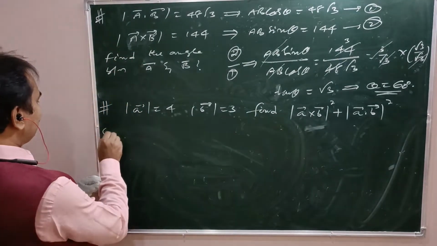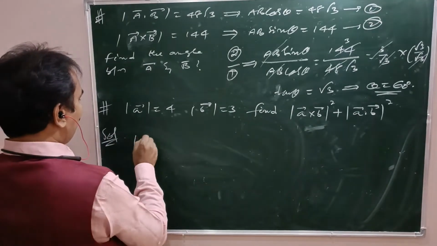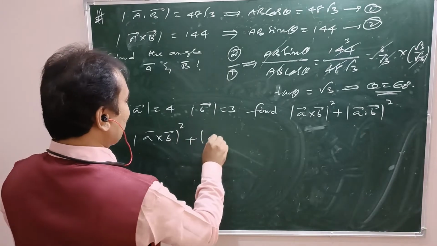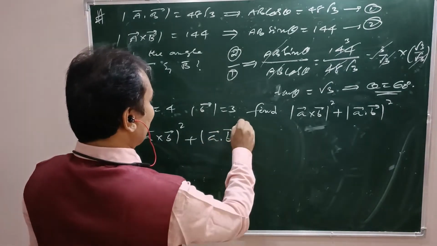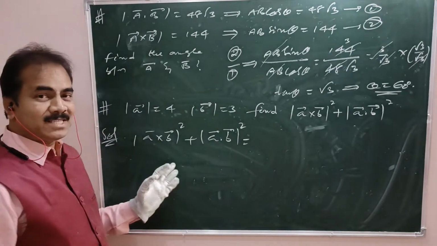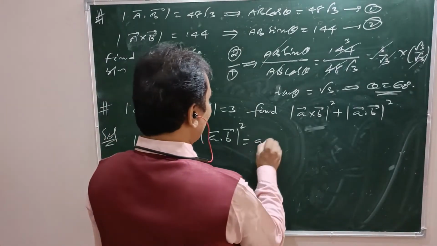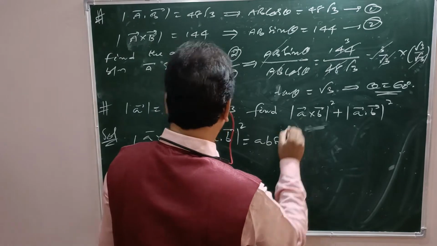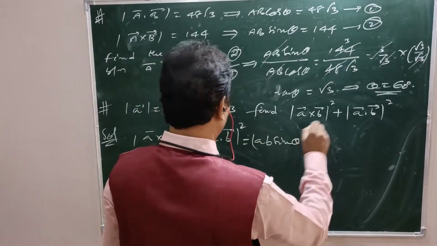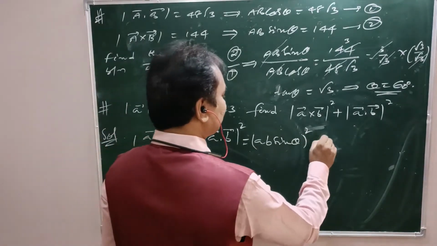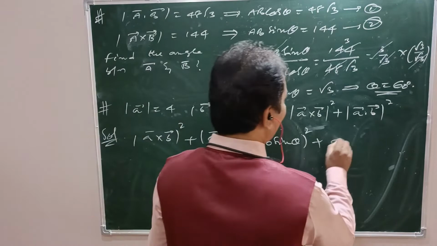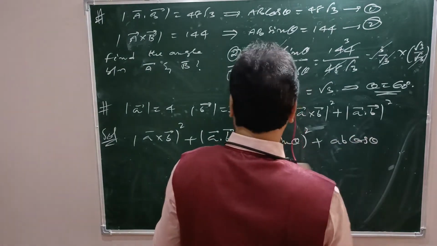Now see the solution. Mod of a bar cross b bar whole square plus mod of a bar dot b bar whole square is equal to. Now see, mod of a bar cross b bar means ab sin theta, whole square, plus mod of a bar dot b bar means ab cos theta, square.